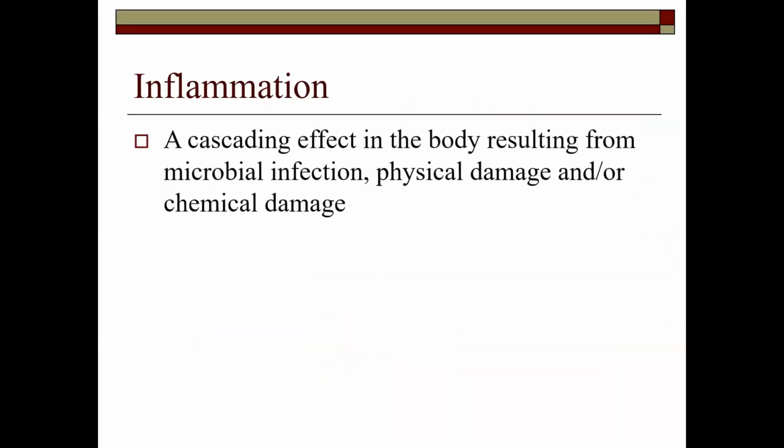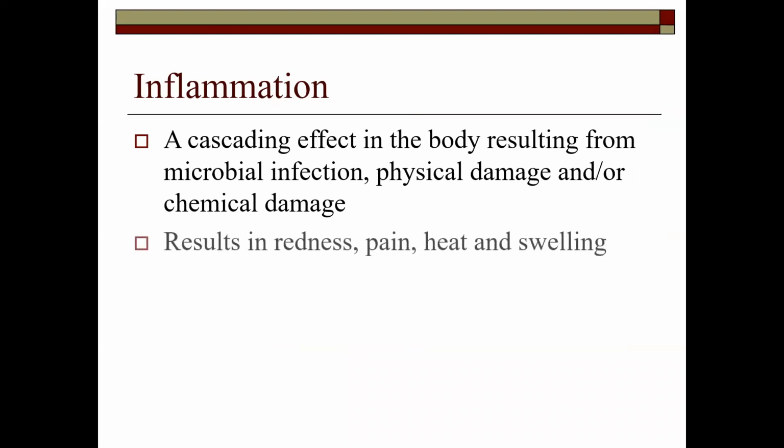All right, so inflammation, a cascading effect in the body. Obviously, it can be from an injury, like a broken leg or when you fall down. But what we're really talking about, of course, is microbial infection, so inflammation from an infection.